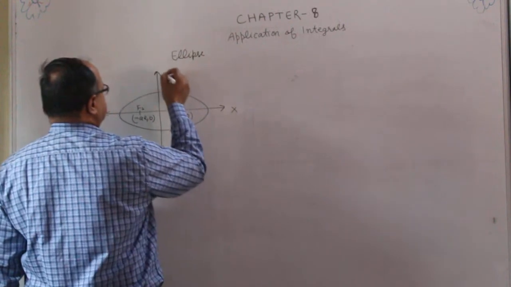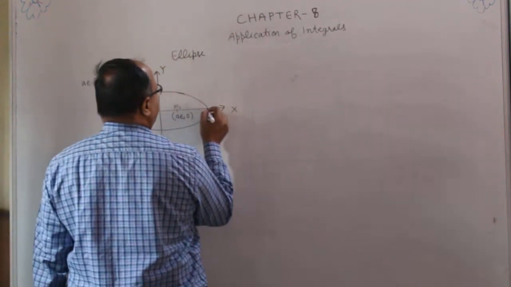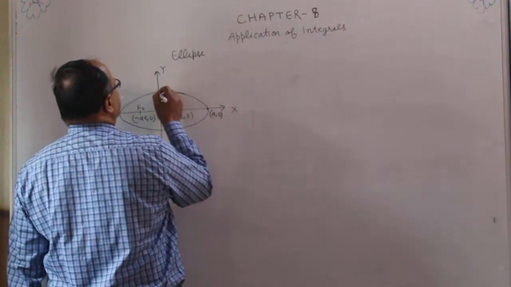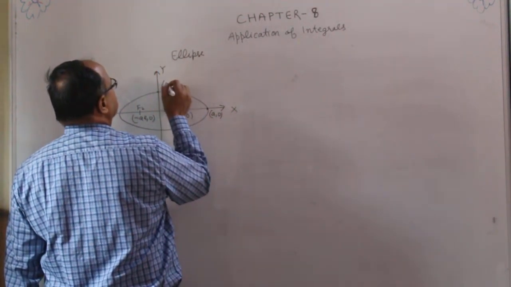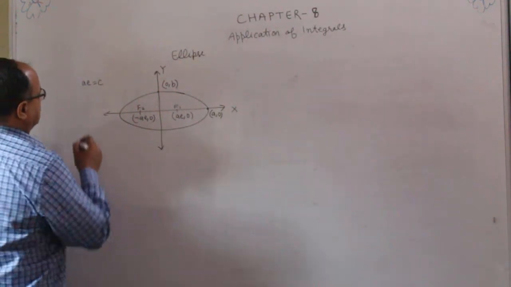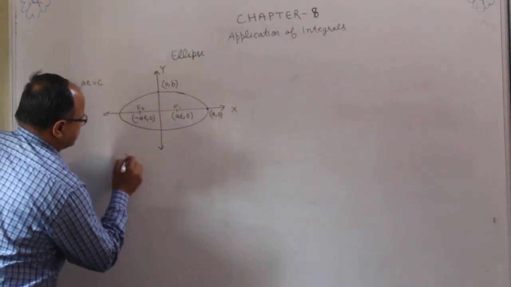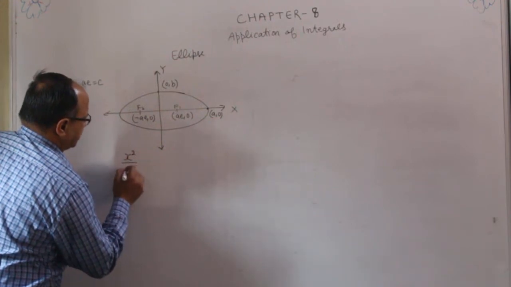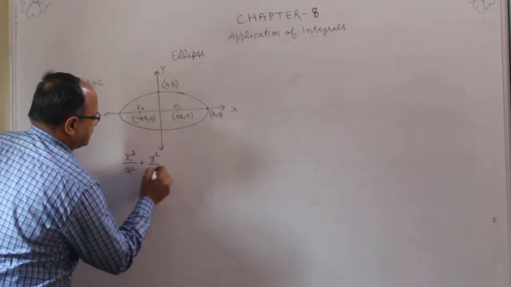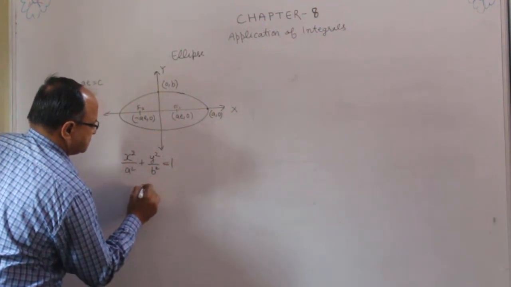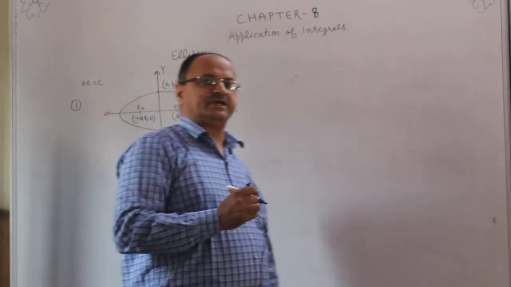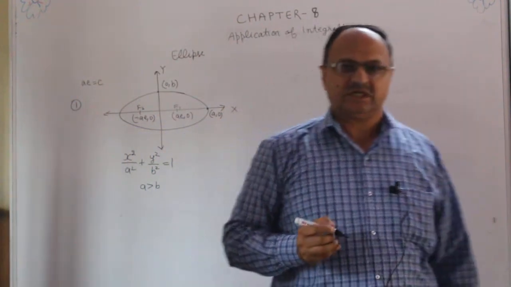This is x-axis, this is y-axis, and the coordinate of this point is (a, 0), and the coordinate of this point is (0, b). Equation of ellipse: x square by a square plus y square by b square is equal to 1, a greater than b, always a greater than b in the ellipse.